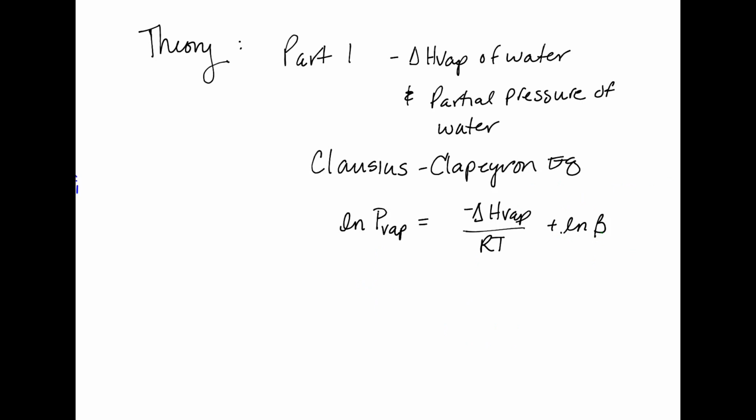Now that equation looks kind of gnarly, and if you're not sure what that has to do with how we're going to do this lab, that's okay. I'm here to point out that this equation looks a lot like y equals mx plus b, which is the equation of a straight line. Now we have to manipulate the equation just a little bit to make it maybe more obvious.